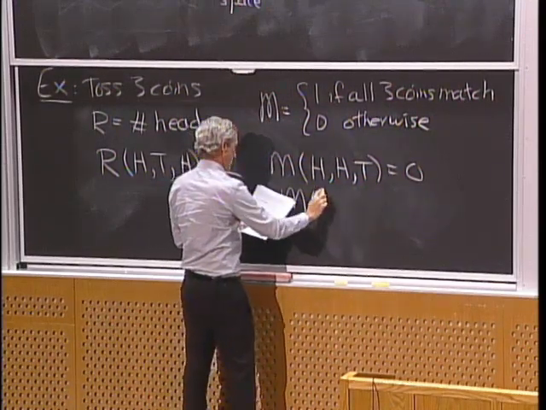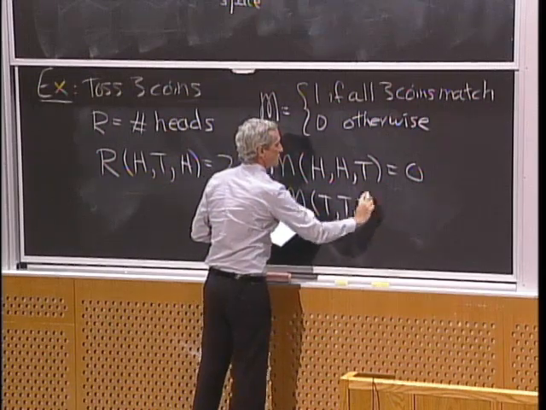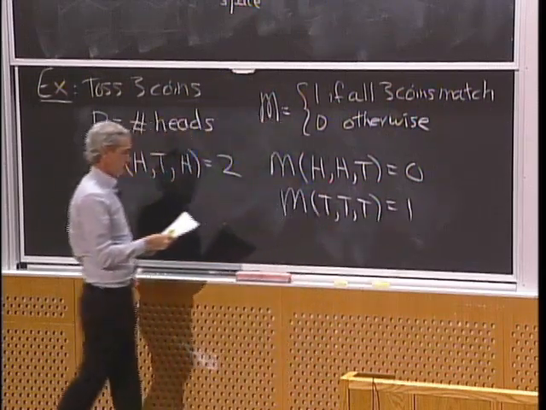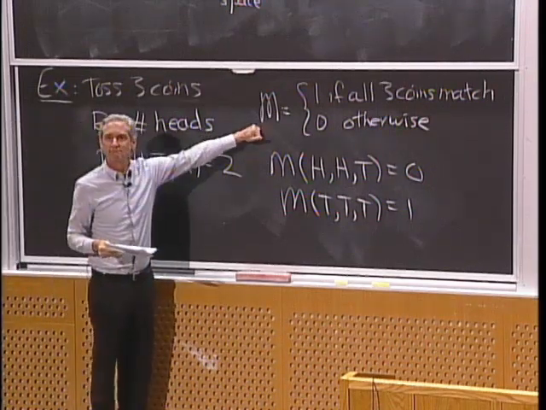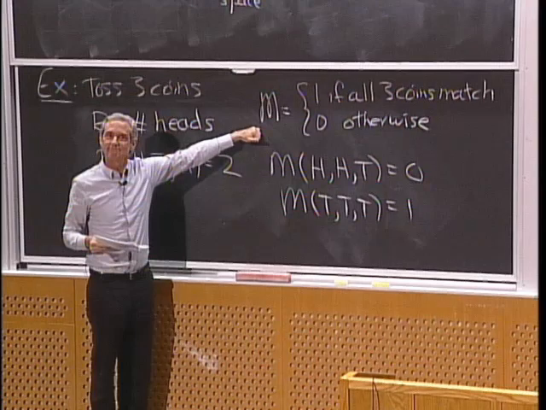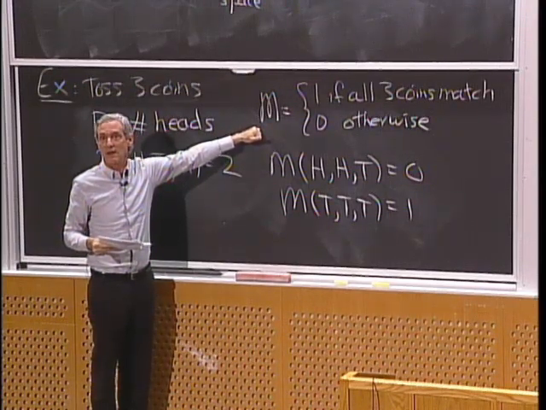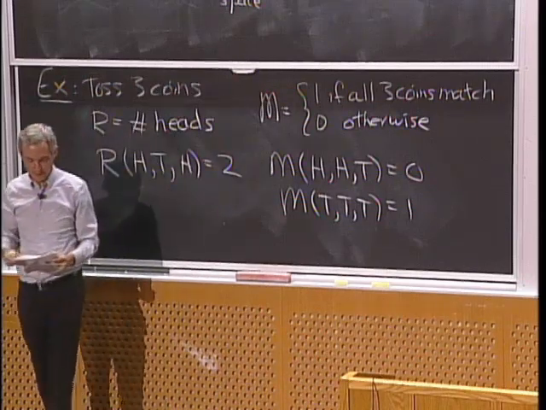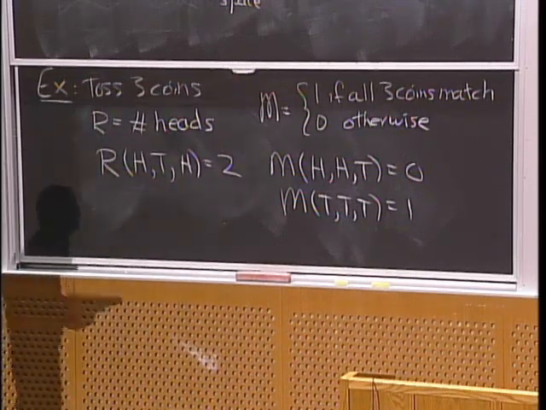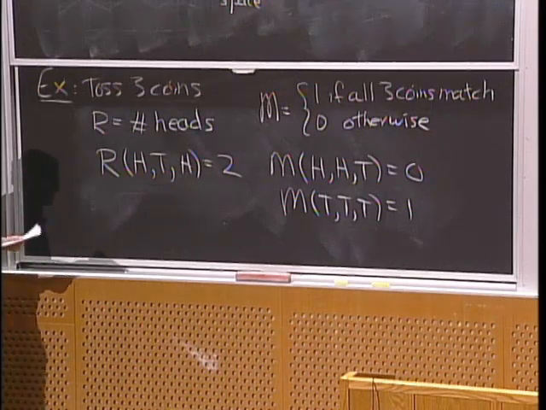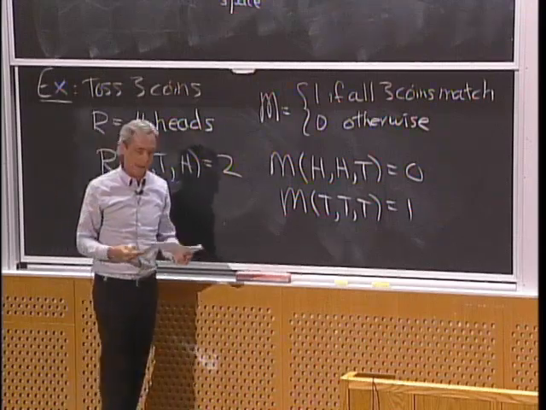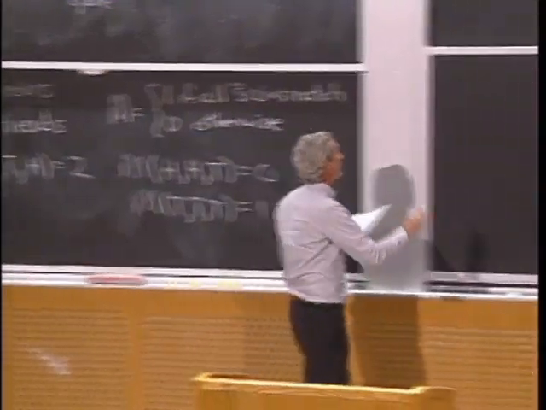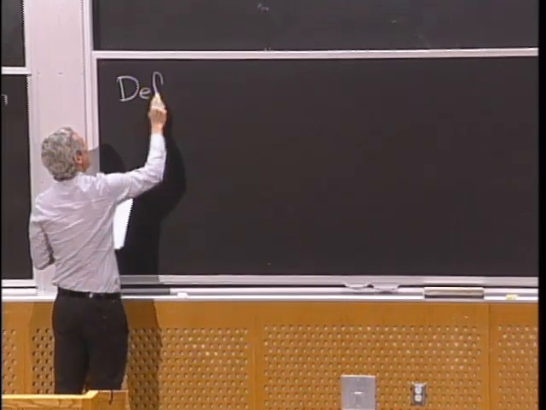M on the outcome tails, tails, tails would be 1, because they all are the same. Is M a random variable? Yeah. It assigns a real number to every outcome. And that value is either 0 or 1, depending on if all the coins match. In fact, it's a very special kind of random variable that's called an indicator random variable, also known as Bernoulli or characteristic random variable, because it's 0, 1.